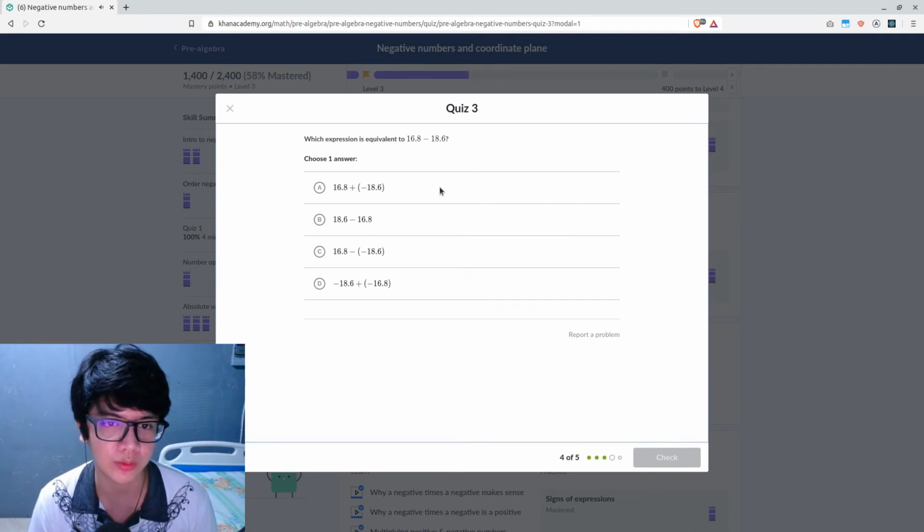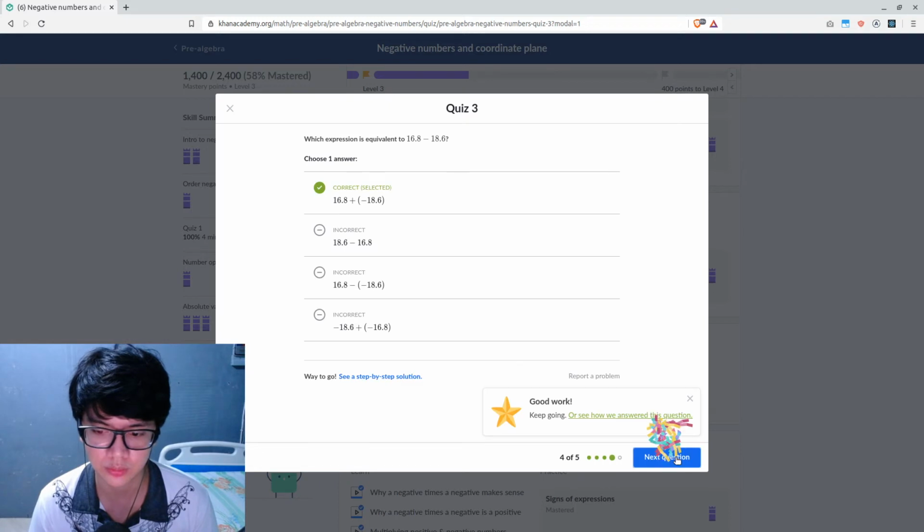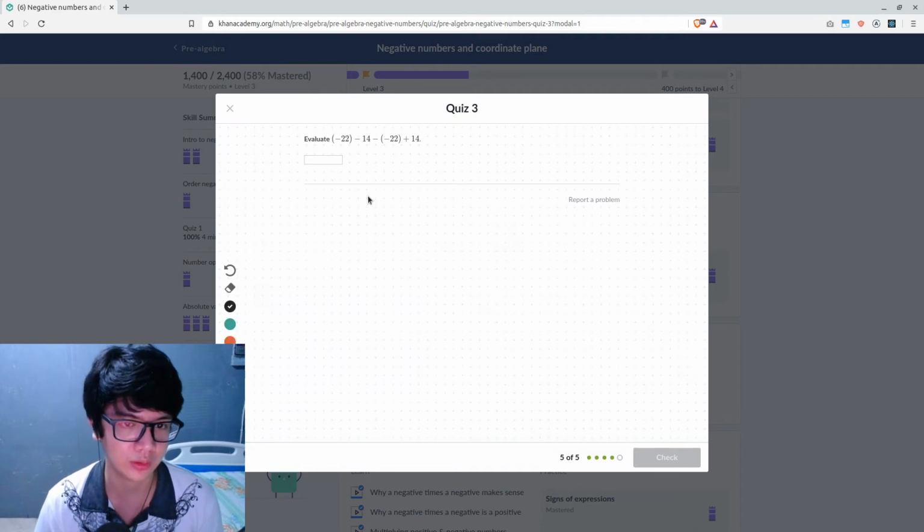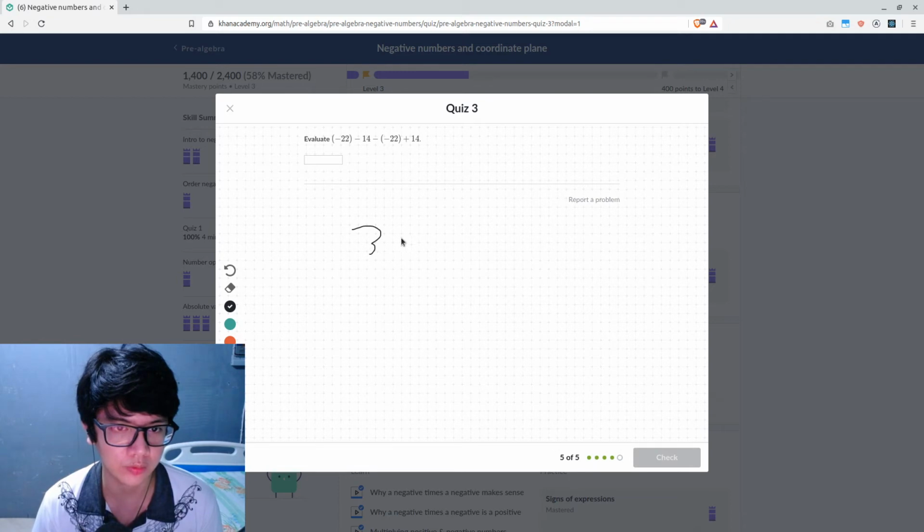Which expression is equivalent to 16.8 minus 18.6? 16.8 and 18.6. Evaluate negative 122 minus 14. Okay, so it's gonna be negative 22, negative 36.